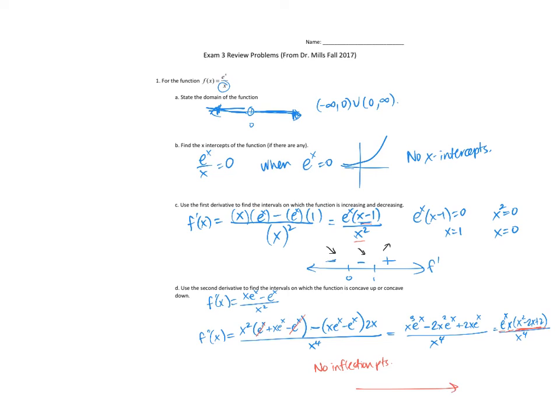But I can still look at my second derivative and see what's happening on either side of 0 to see if it's concave up or concave down. If I plug in something less than 0, let's plug in -1, e to the -1 is positive, then times -1 times -1 squared plus 2 plus 2.